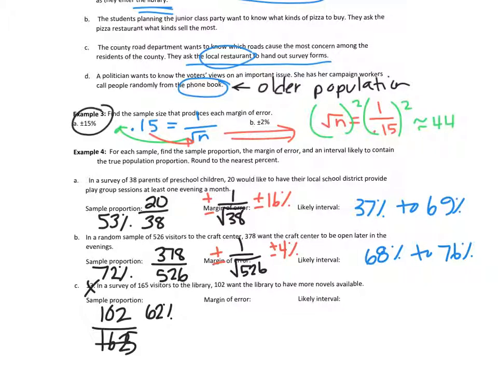The margin of error is going to be plus or minus 1 over the square root of the number surveyed, 165. So 1 divided by the square root of 165 is about 8%. So I'm going to put plus or minus 8%. So the likely interval is going to be 62% minus 8%, which is 54%, to 62% plus 8%, which is 70%.